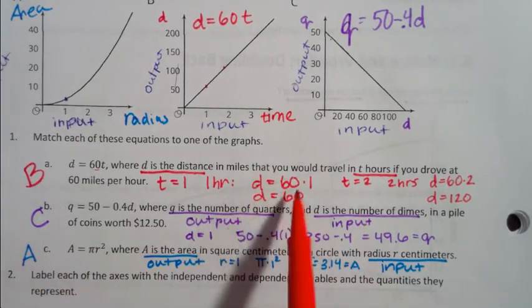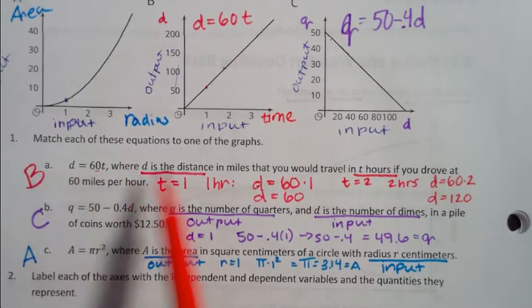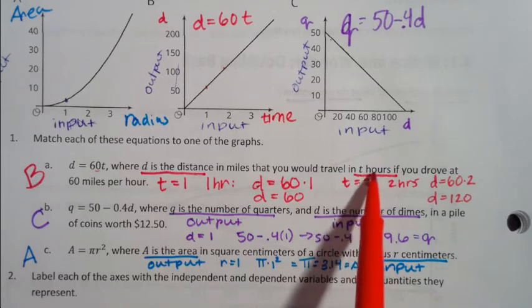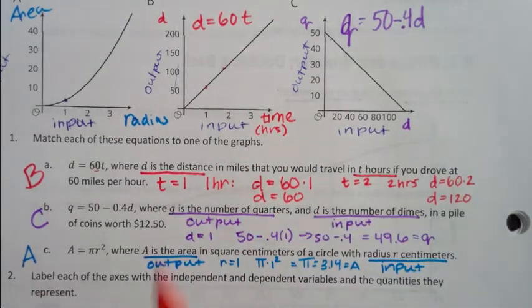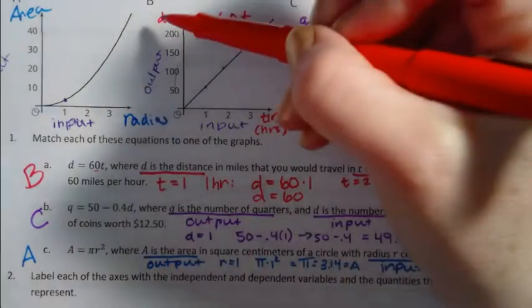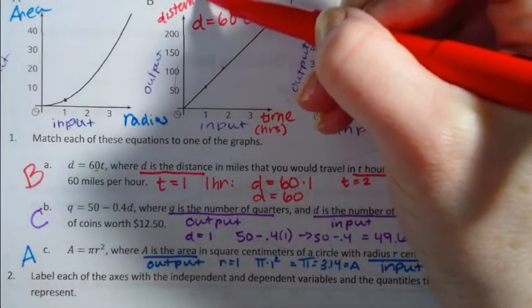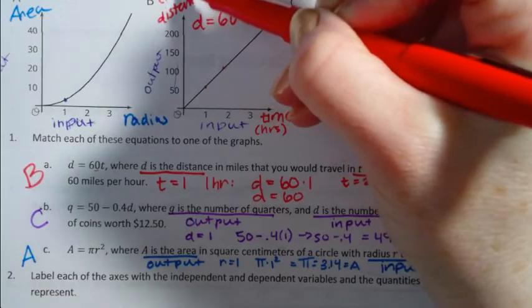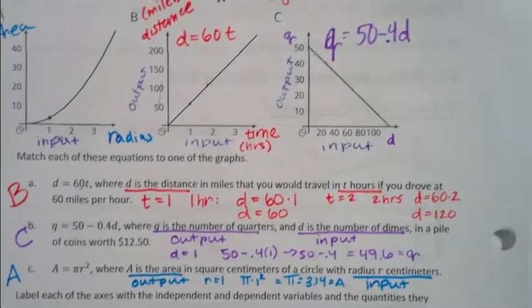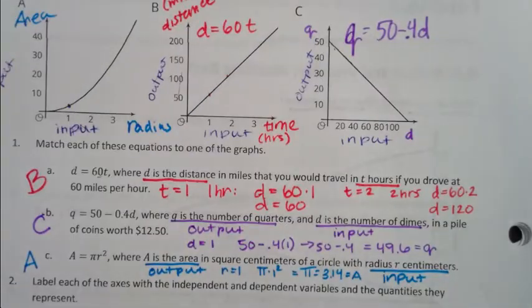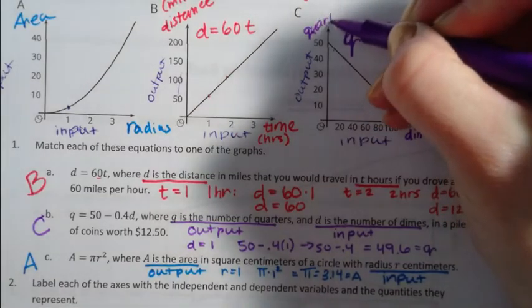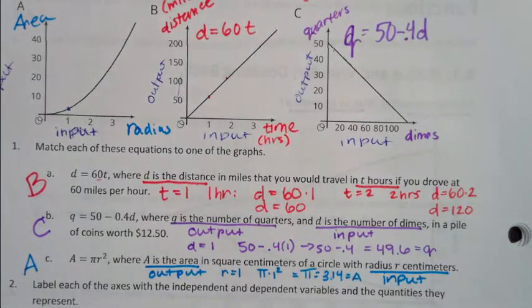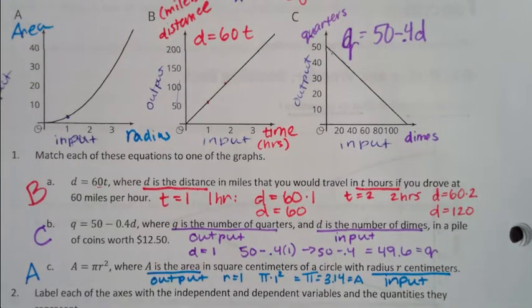So if you look at part A here, it's T is hours. So time in hours. Distance in miles. So we would say distance in miles. Here's dimes and quarters. So we've pretty much already done number 2.